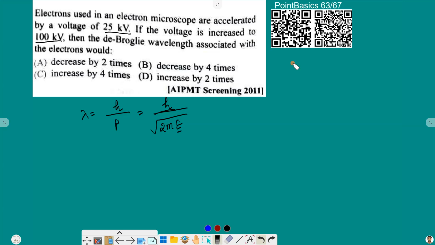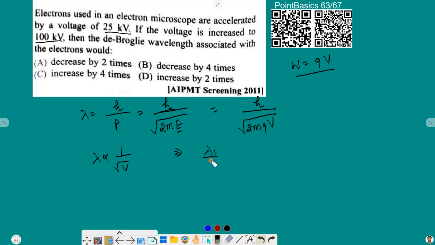Now we have a relation that work done in terms of potential is Q times V, where V is the potential applied, and Q is charge. Energy and work have the same unit, so we can replace them. So this becomes h by under root 2mQV. So 2 is constant, mass is constant, and Q is also constant for the electron. h is constant, so lambda is proportional to 1 by under root of V.